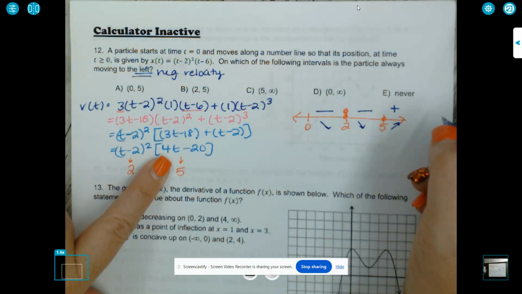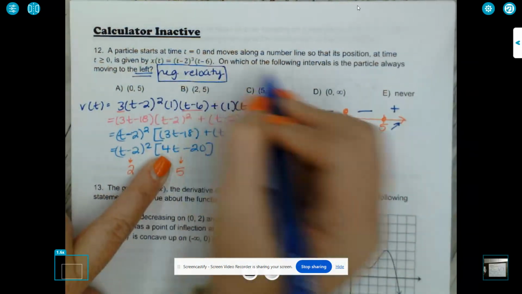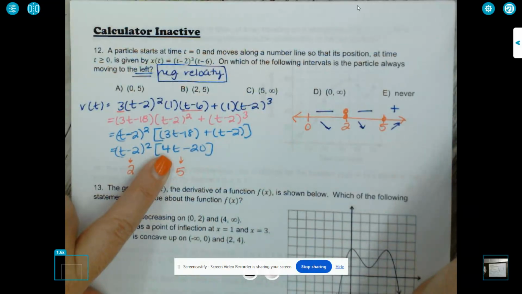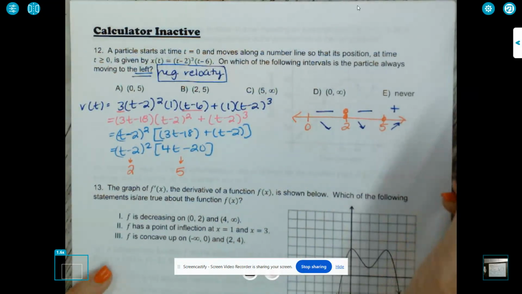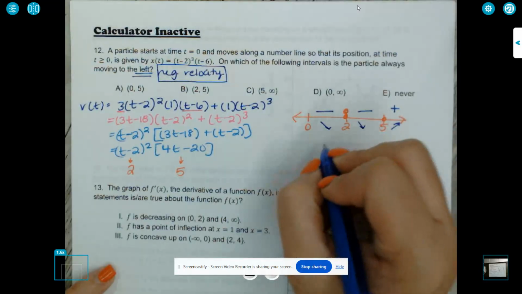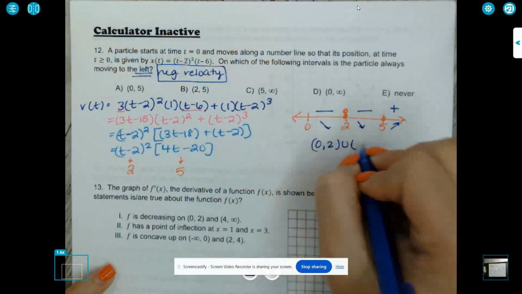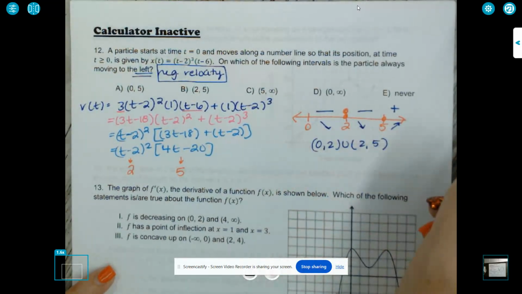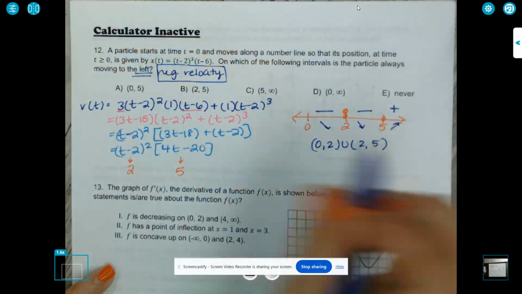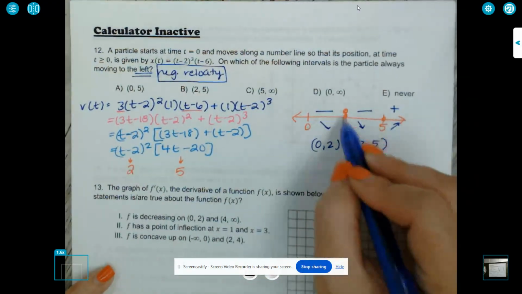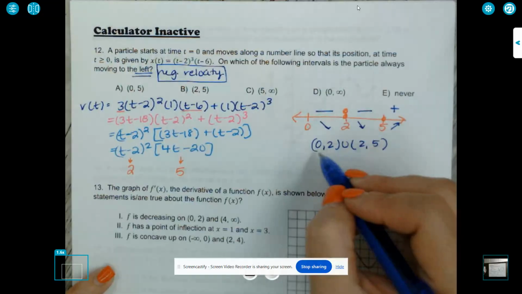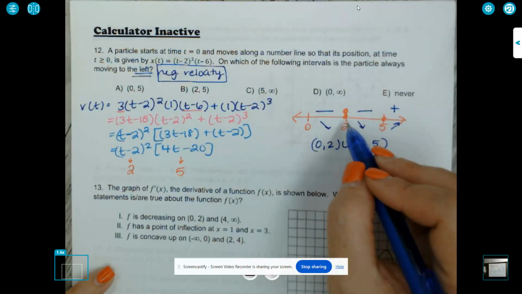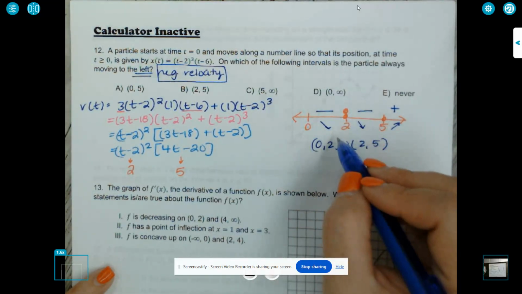So they want to know where do we have a negative velocity, to the left. Okay, so if this was not multiple choice, we would have a negative velocity from 0 to 2 union 2 to 5, right? Okay, but let's look, 0 to 5, we can't do it that way because of the 2. Remember, we have to actually separate that, because at that point, it pauses.